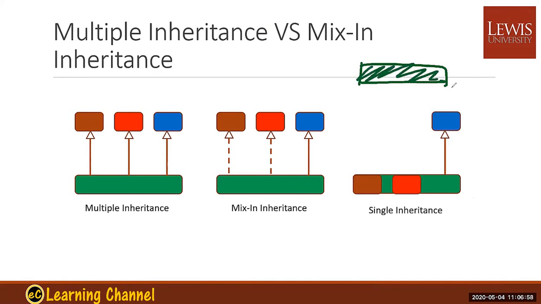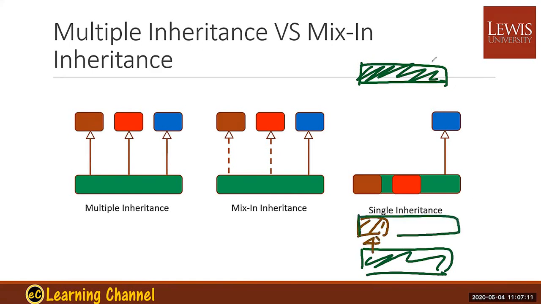Right-hand side, this single inheritance actually really means this one. You have green, right? And green actually inherited brown first. And then it becomes green with brown, right? Then it inherited red second, and it becomes red, brown, and green. Is that okay?